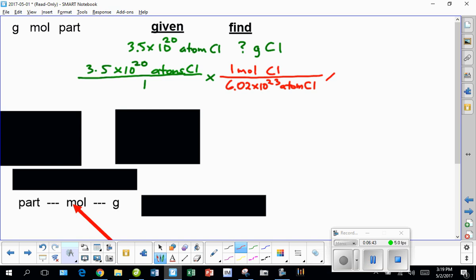And then our last one will be the molar mass of chlorine, and the molar mass is going to be on the top, which is 35.5 grams of chlorine over 1 mole of chlorine. And now when I finish crossing out, I've crossed out moles of chlorine, I've crossed out atoms of chlorine, and my only unit of measure left is the chlorine itself.